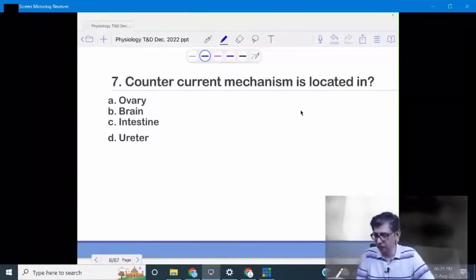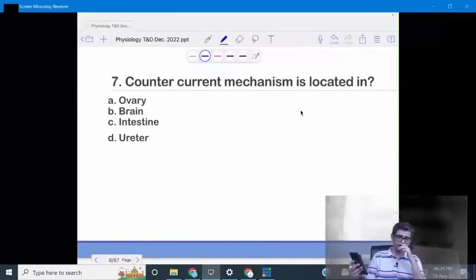So you guys are well read. Traditionally, they will ask you about counter current mechanism with respect to the kidney, but I thought that because you will be able to answer that kidney part very easily, I decided to change the options and did not include kidney. The correct answer is yes, the intestine.